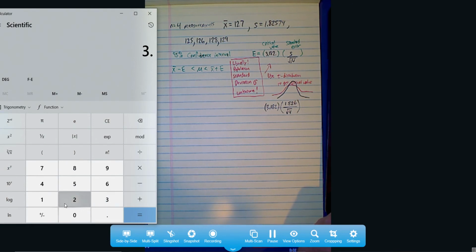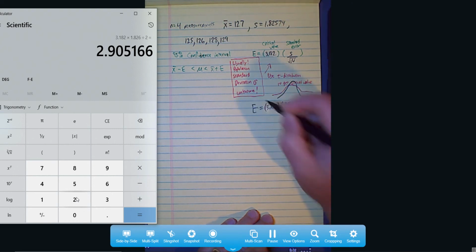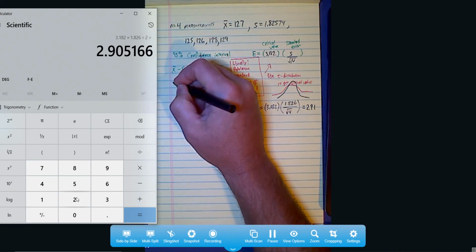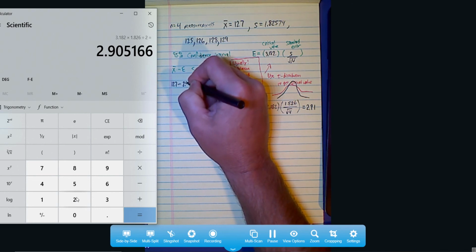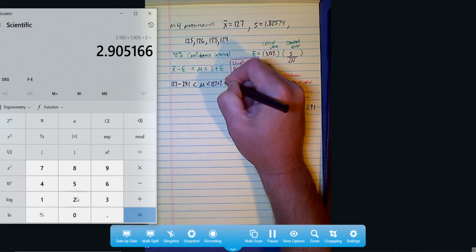So let's see, if I take 3.182 times 1.826, and then if I divide by 2, which is the square root of 4, I get 2.90. Well, 2.91, let's say. That's the margin of error, E. And so my confidence interval would be, well, again, this is 127 minus 2.91 and 127 plus 2.91.